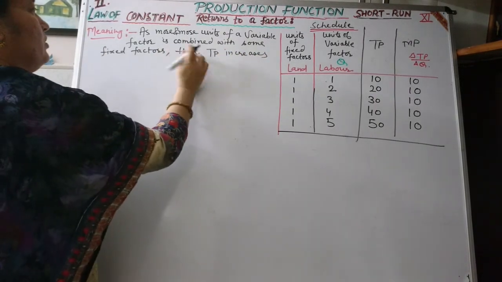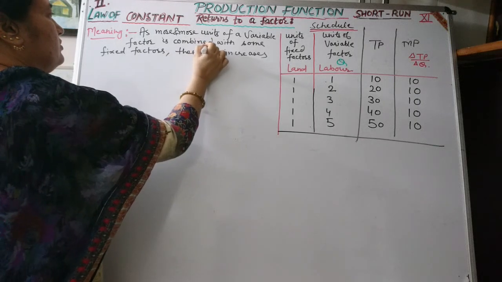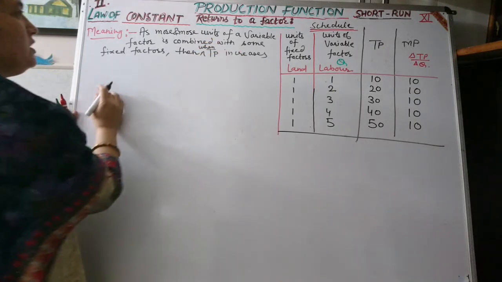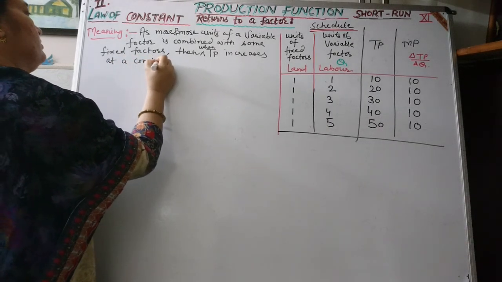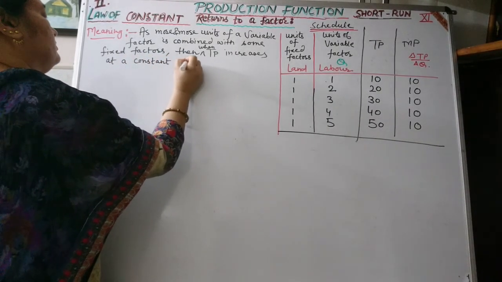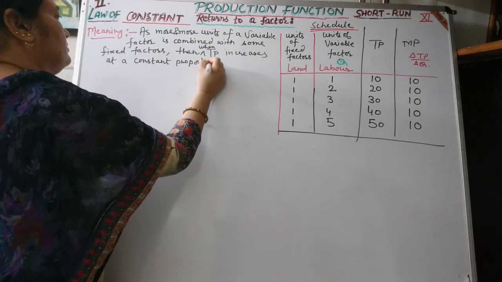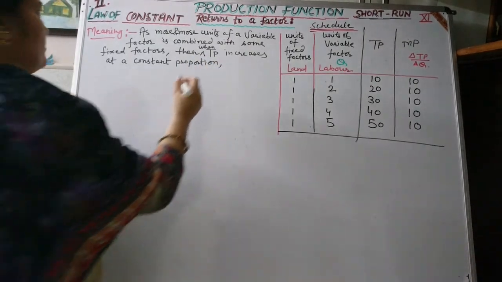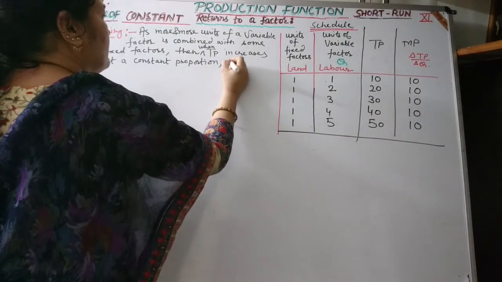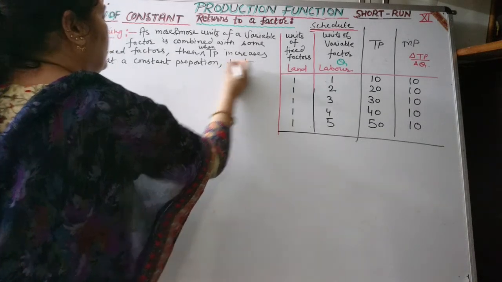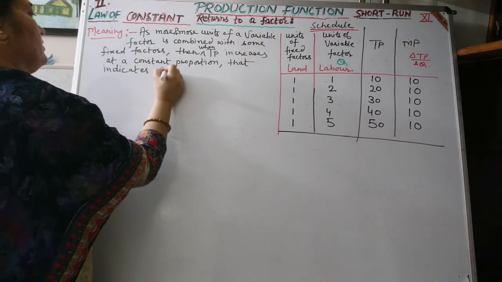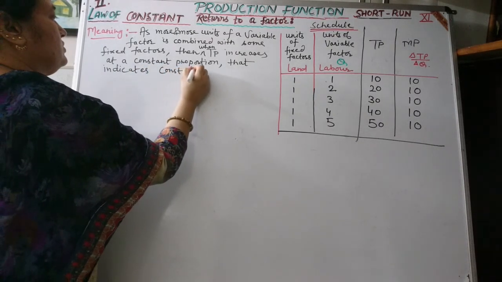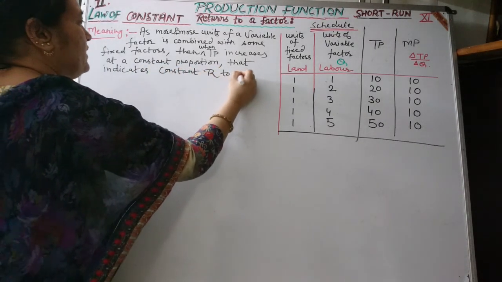When total production increases at a constant proportion, it indicates constant returns to a factor.